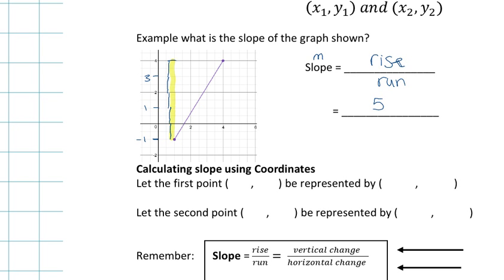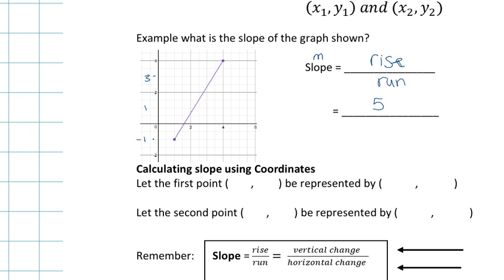Wait, I can't see properly when I'm very close to this. So that would be 1, 2, 3. So the run is 3 and the rise is 5. Let's see that properly. Give me a second, just because I can't see properly when I'm close to the board.